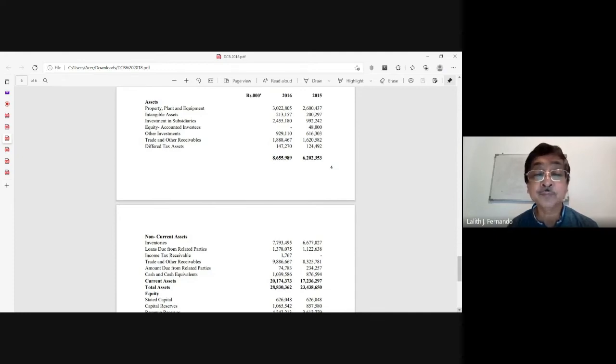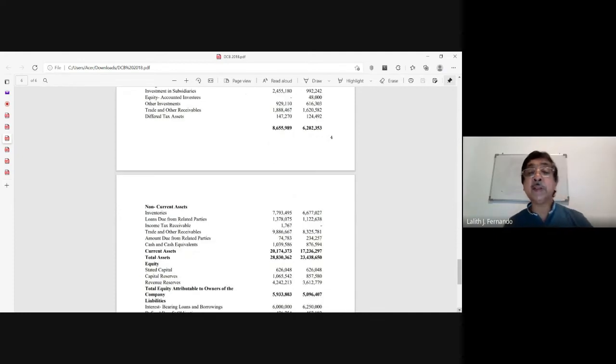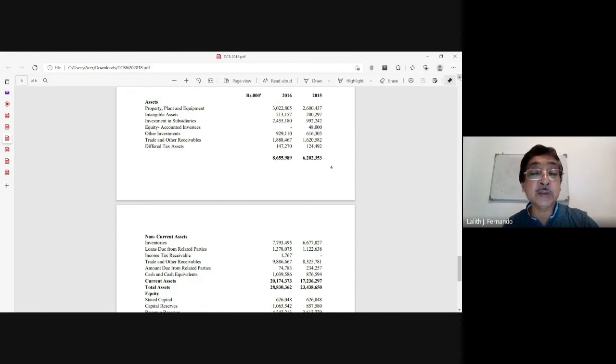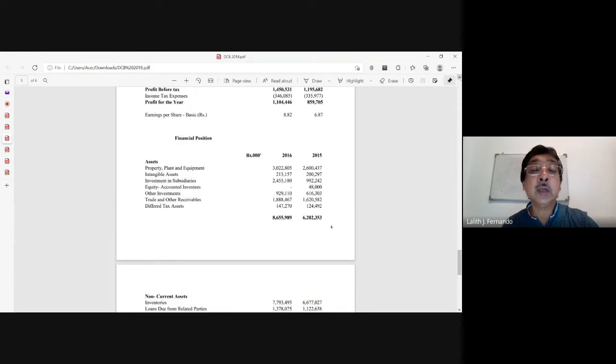Right. Now with these values, just calculate the current ratio first, for the year 2016.